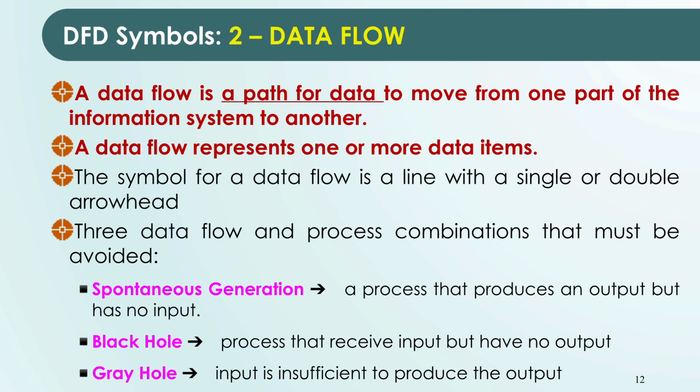The data flow name appears above, below or alongside the line. So you can place the name above the line, below the line or alongside the line. A data flow name consists of a singular noun and an adjective.